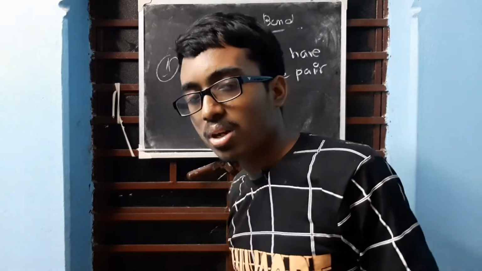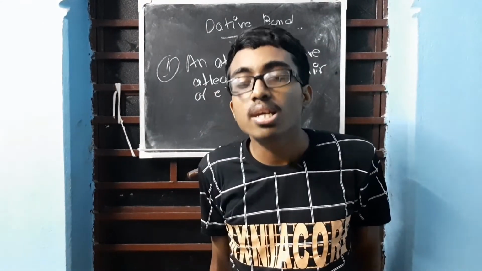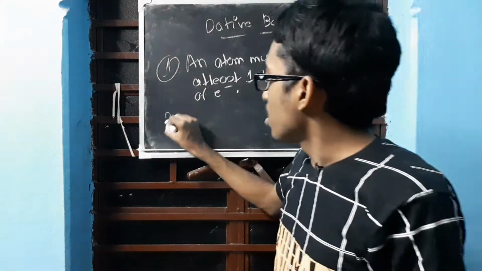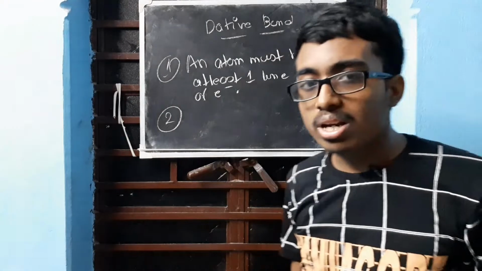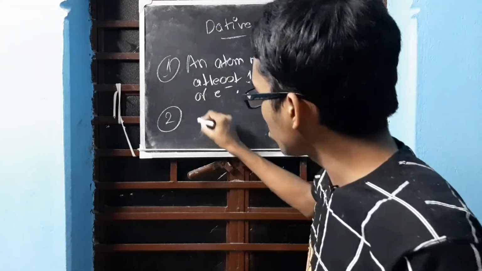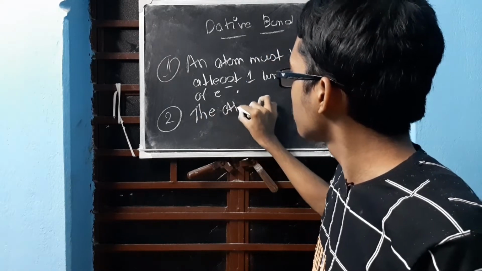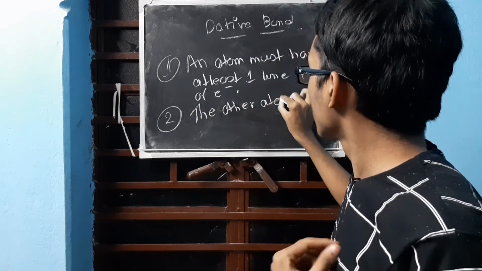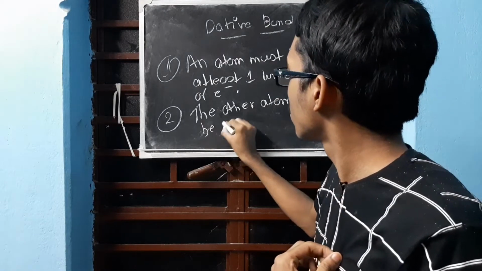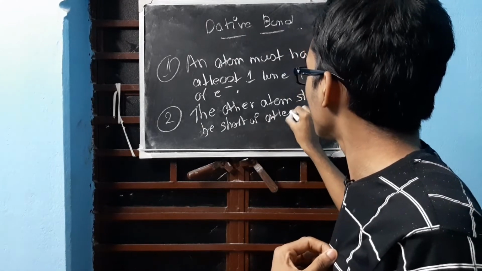What is a lone pair? A lone pair is a pair of electrons that does not take part in any chemical reaction, that is not given to any other atom. Number two, this one atom will be giving, so the other atom has to take it, I mean share it. So there must be another atom, and the other atom should be short of at least one lone pair of electrons.